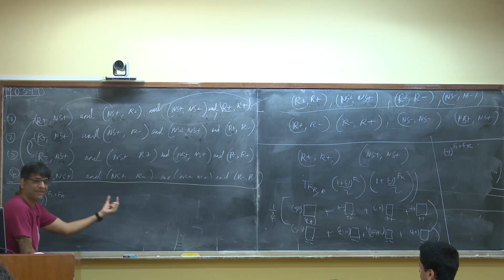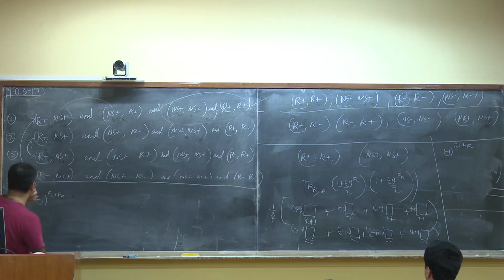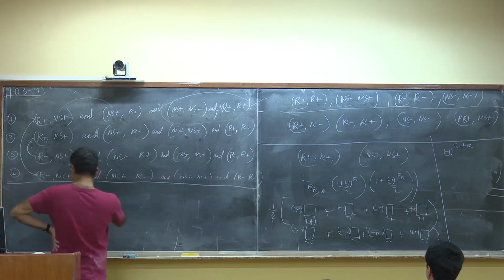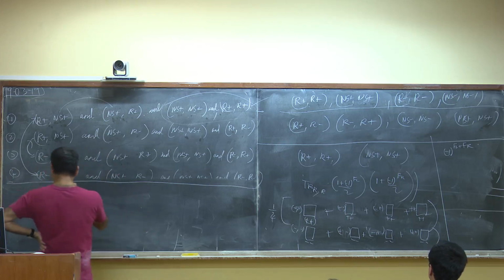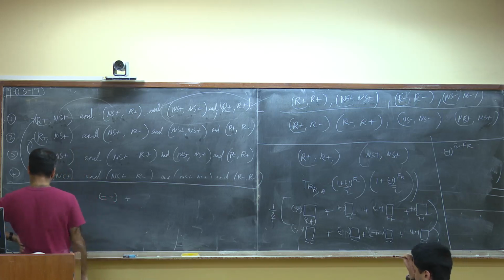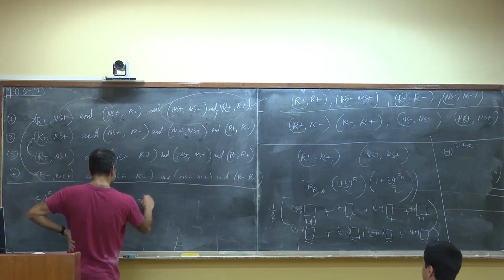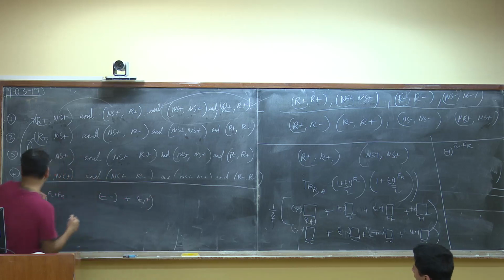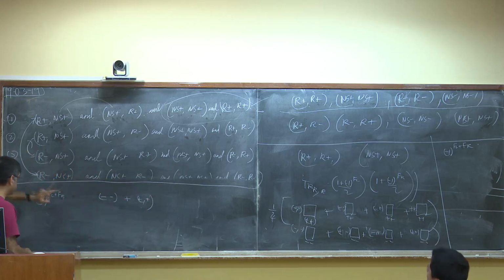Let's see what we're going to get on the vertical sides. If we put the projector minus 1 to the power FL plus FR, what we'll get is this: minus minus, plus plus, because it switches both FL and FR.